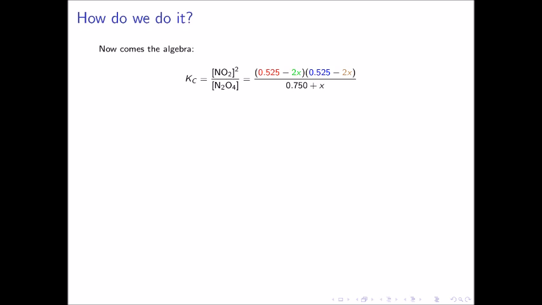Now for the algebra. First, we can substitute in our equilibrium row from our table. For our numerator, this gives us the quantity 0.525 minus 2x times the same quantity, 0.525 minus 2x. In the denominator, we have the value 0.750 plus x.